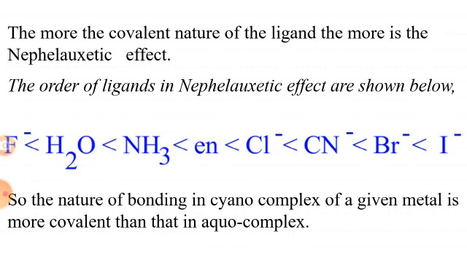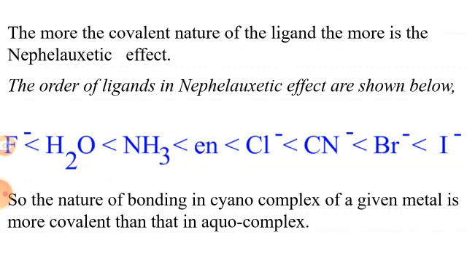F minus shows a high beta value, but I minus shows a low beta value and a high Nephelauxetic effect. The I minus ligand shows a high Nephelauxetic value, and it leads to the most reduction in electronic repulsion.